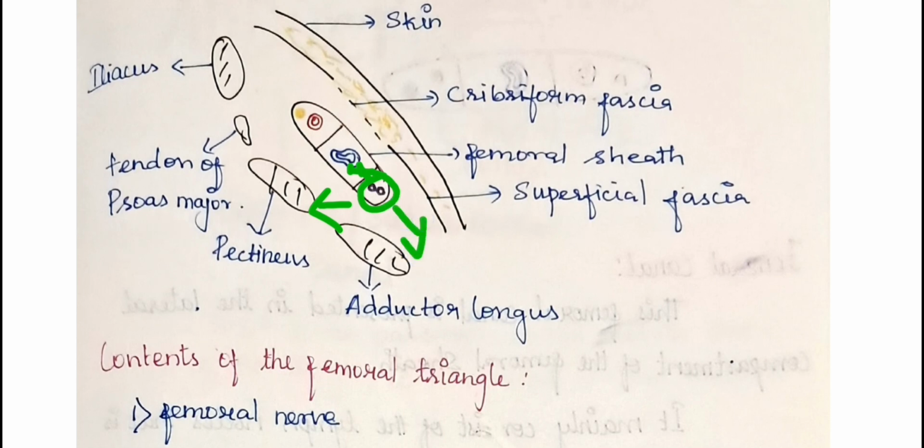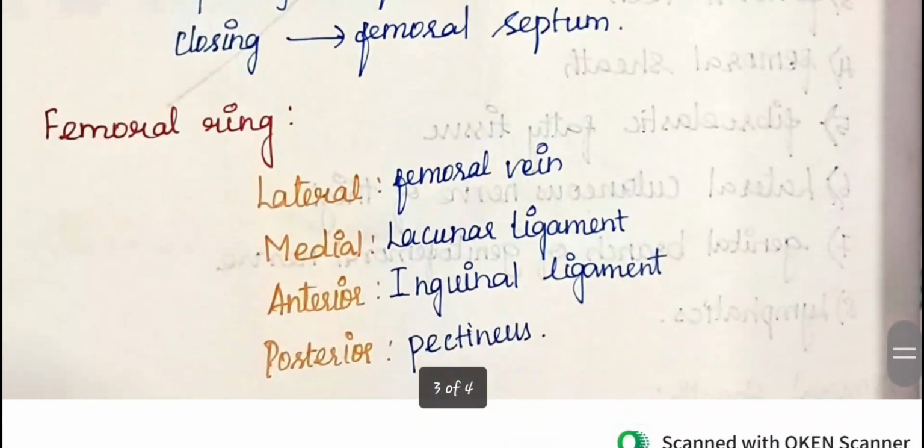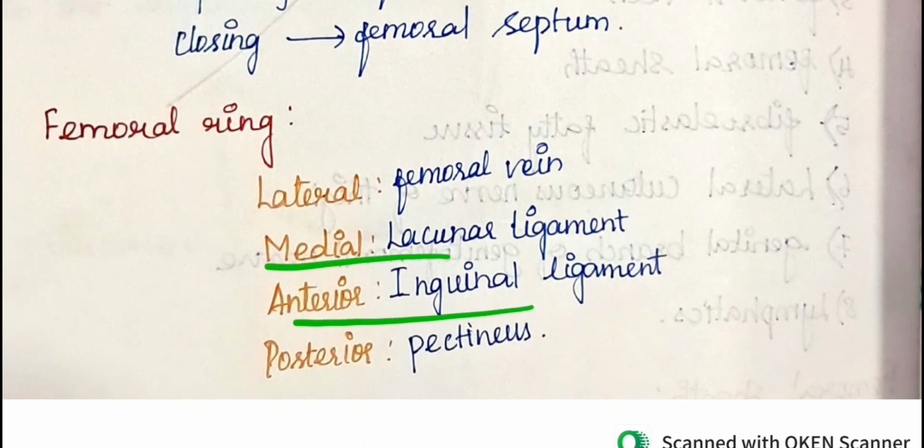Medially we have the lacunar ligament, anteriorly the inguinal ligament, and posteriorly the pectineus muscle. So these are the boundaries or relations of the femoral ring.